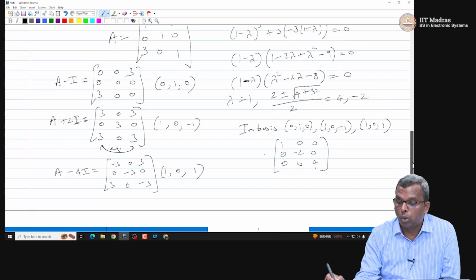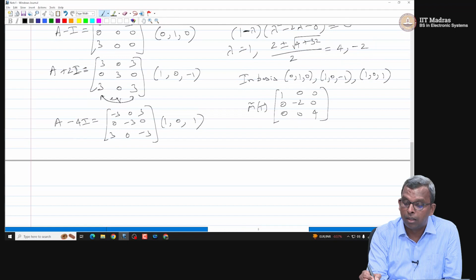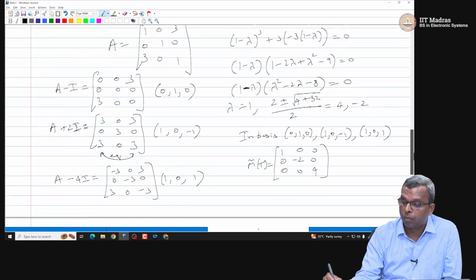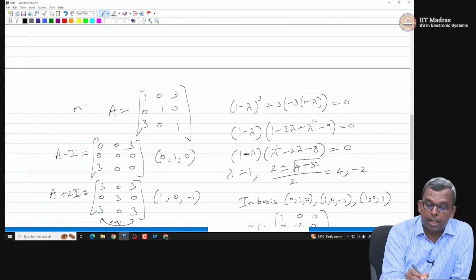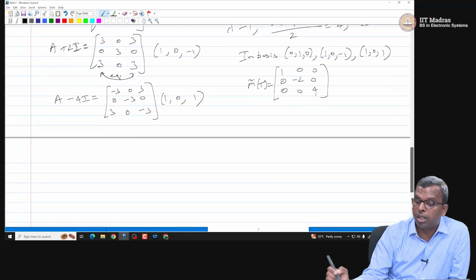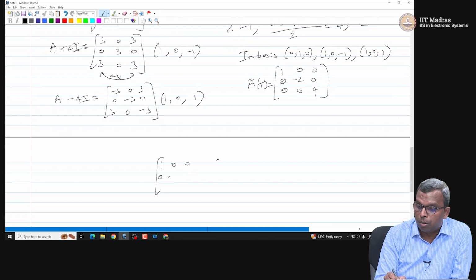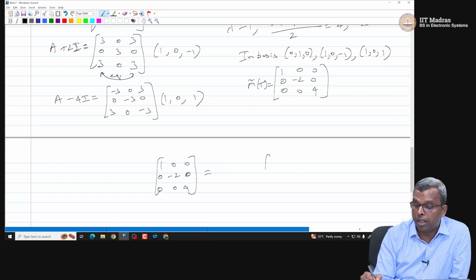Okay. So, let us check that. What do we know? This is my m tilde of t in this basis, and this is my m of t in the canonical basis. So, what do I know my brilliant formula to be? My m tilde of t, which is 1 0 0, 0 minus 2 0, 0 0 4, a diagonal matrix, is going to be equal to m of t, which was 1 0 1, 1 1 3 here.